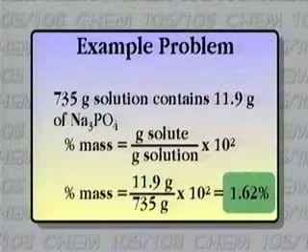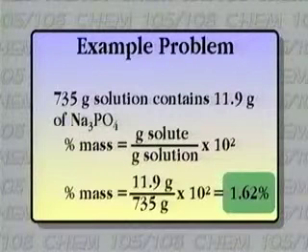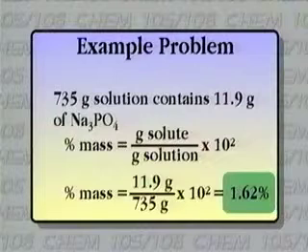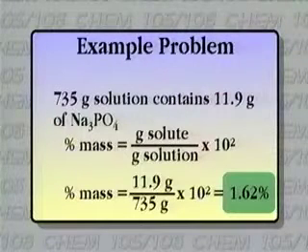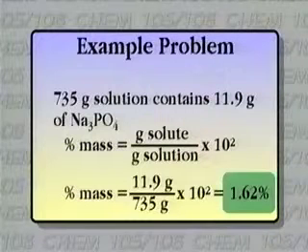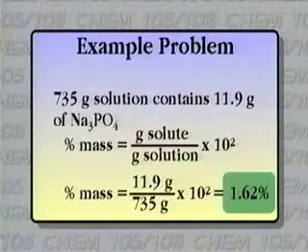Now notice that we didn't put in the units grams of sodium phosphate here because it's grams of solute, and it really doesn't make any difference what the solute is. It's just grams of solute. So if it were 11.9 grams of sodium chloride, it would still be a 1.62% solution. It would be a 1.62% solution of sodium chloride, but it would be exactly the same numeric value.